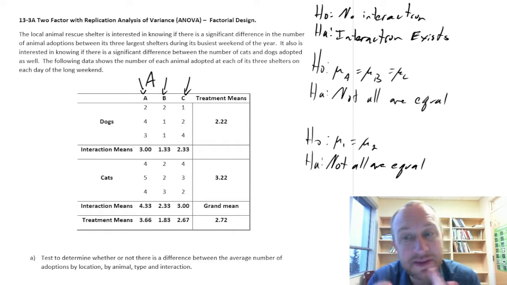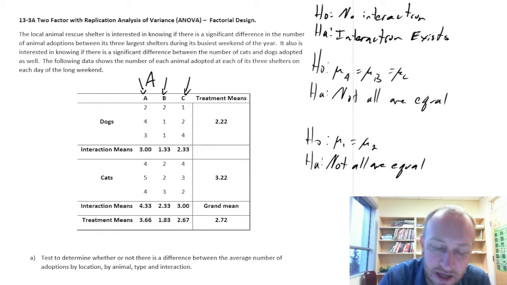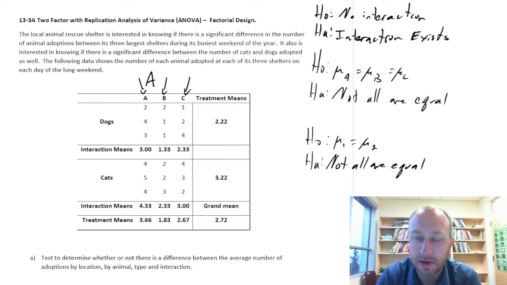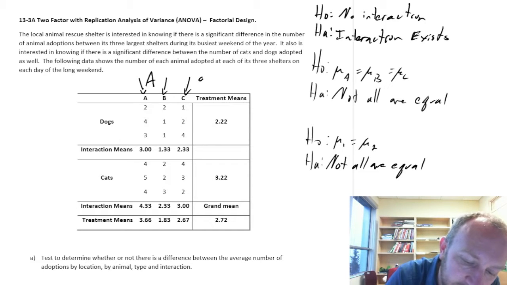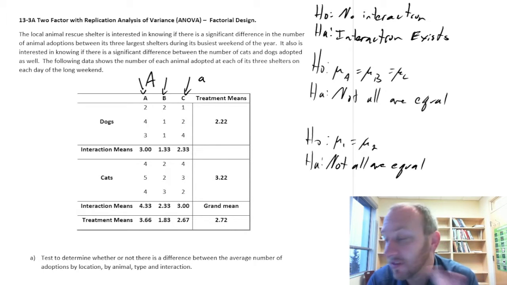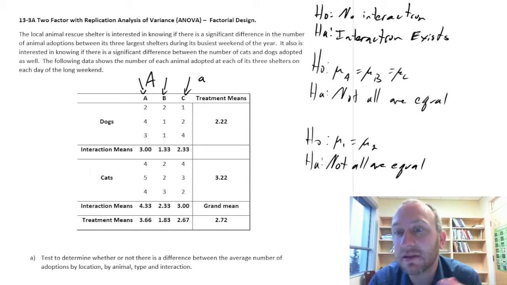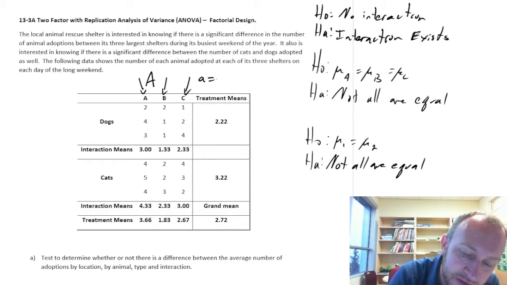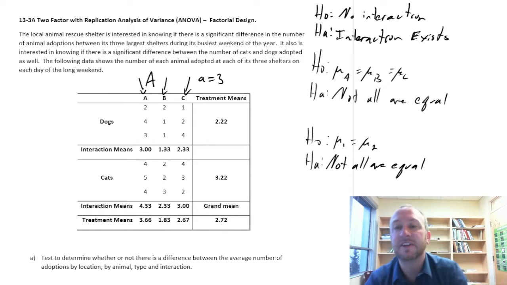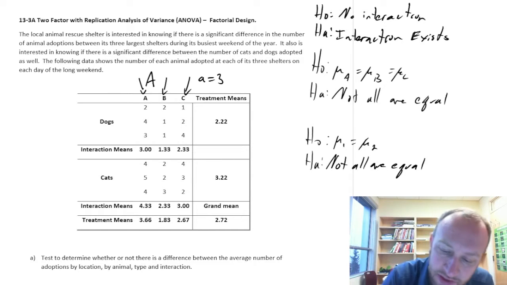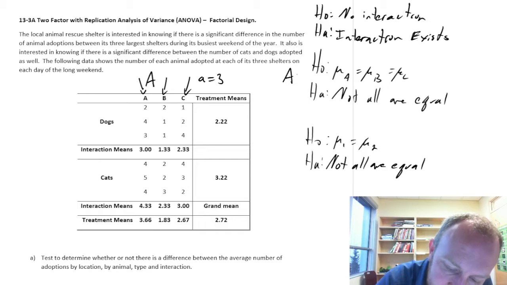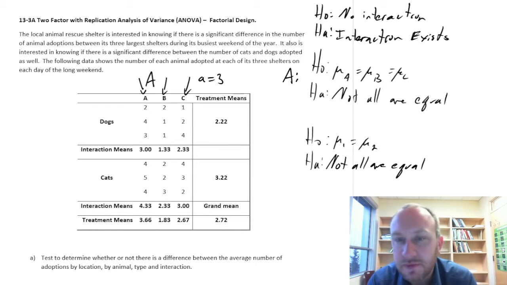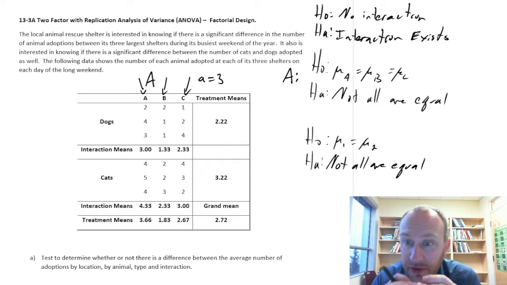And so there's going to be some new notation in here. It can be a little bit tedious. So if I call this one factor A, capital A, then for the number of treatments, in previous exercises we used K for the number of treatments. Now I'm going to use lowercase a for the number of treatments in factor A. So that corresponds to this set of hypotheses here, where I have those 3 treatments in the null hypotheses.